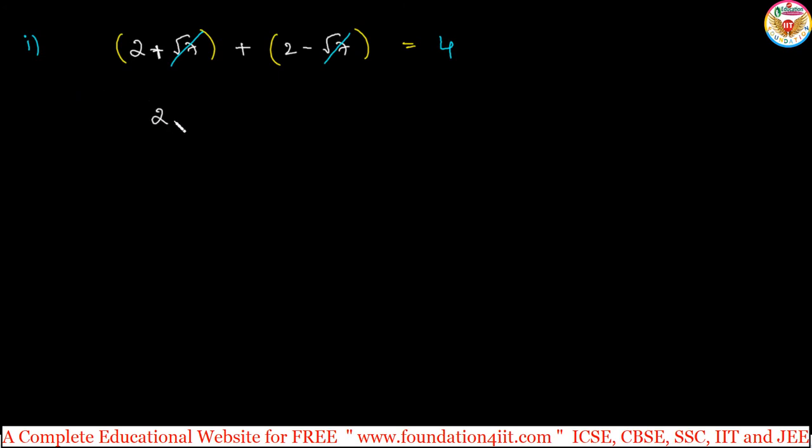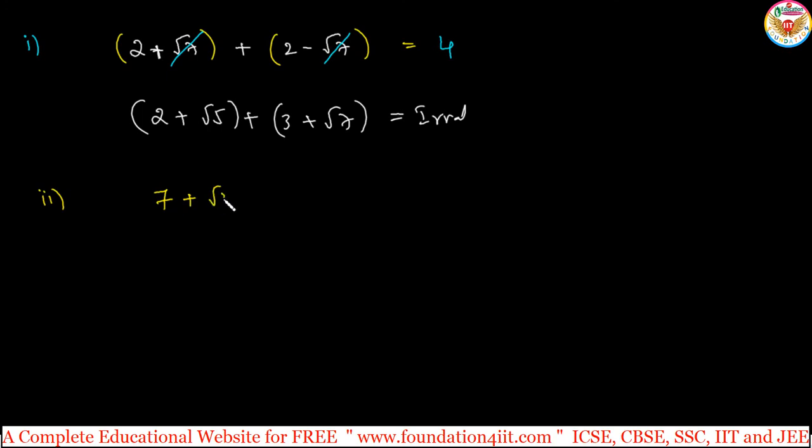That means, for example, 2 plus root 5 plus 3 plus root 7. This is irrational, the result is irrational only. But in some cases, we may get results that need not be always irrational. That you remember. Similarly, even subtraction also. So these are the important rules. And product, if you see 7 plus root 3 is an irrational number. 7 minus root 3 is also an irrational number.